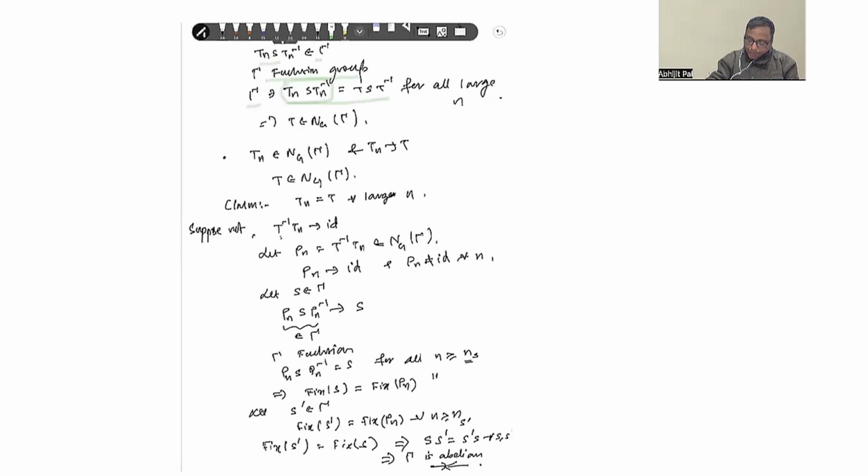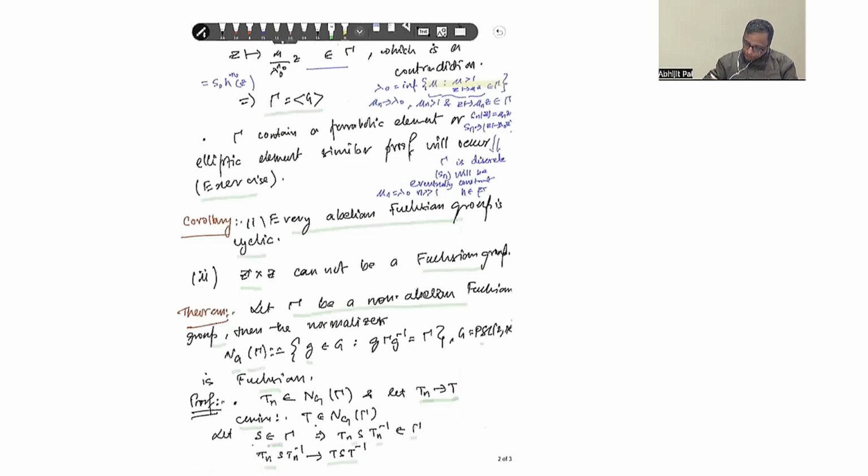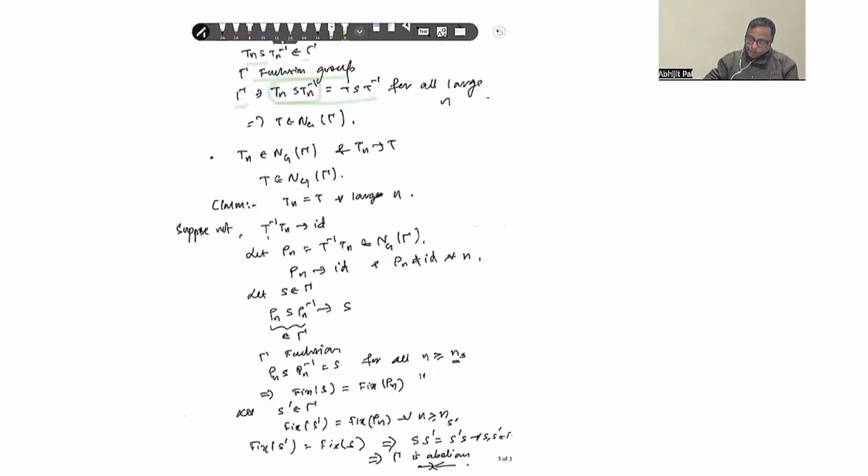We have taken S to be an arbitrary element of gamma, so we have proved that T S T inverse belongs to gamma. Therefore T belongs to the normalizer of gamma. So we have proved that if you take a sequence Tn in the normalizer such that Tn converges to T, then T belongs to the normalizer.